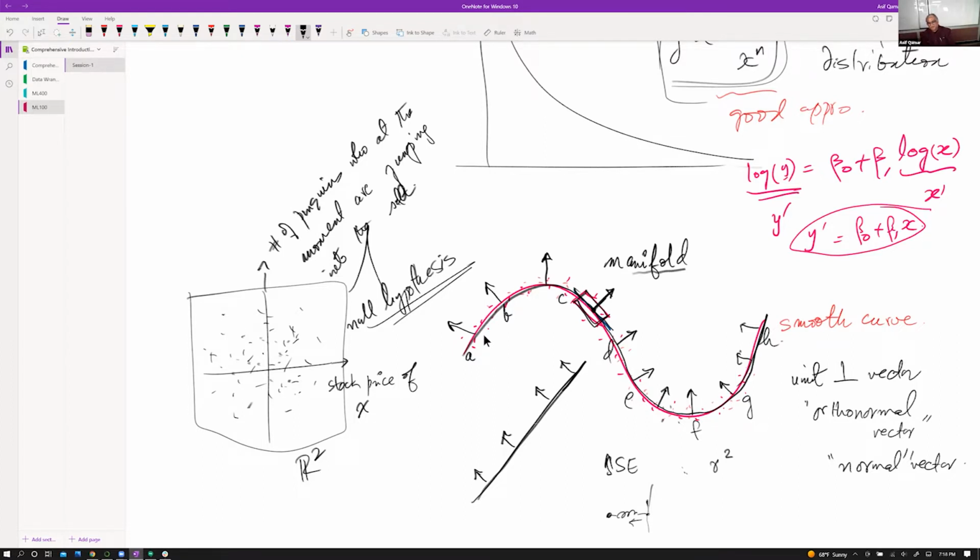And as you know, this is a very basic fact of school physics, that the force by which the spring will pull this line, or surface, towards itself will be proportional to the distance. If this is the r, it will be proportional to r squared. It's sort of an intuition that the further apart the point is from the surface, the harder, quadratically harder, it will pull towards itself.